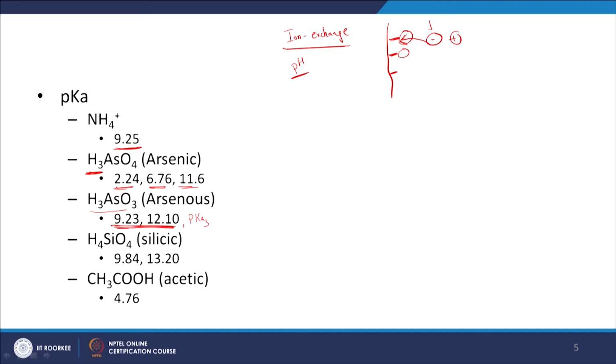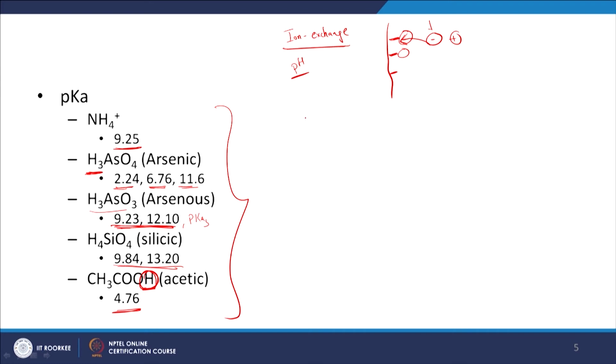The effective range is only these two pKa values, 9.23 and 12.1. For silicic acid we have pKa 1 and 2, and we are missing 3 and 4, but that is not required now. For acetic acid, with respect to donating this particular proton, the pKa is 4.76. We are going to look at a few examples relevant to these values, so keep them in the back of your mind.